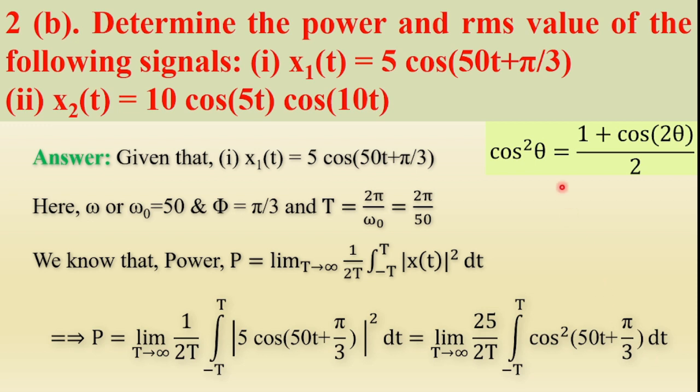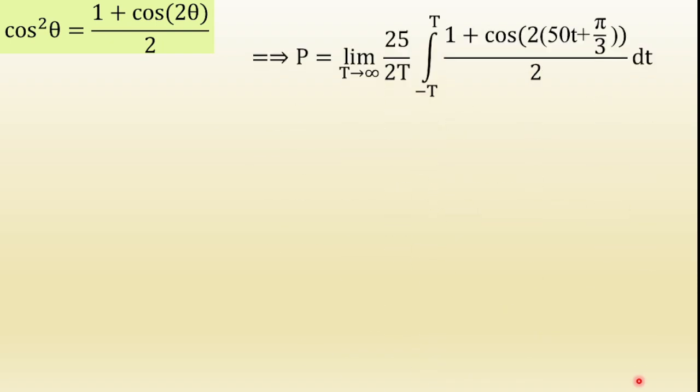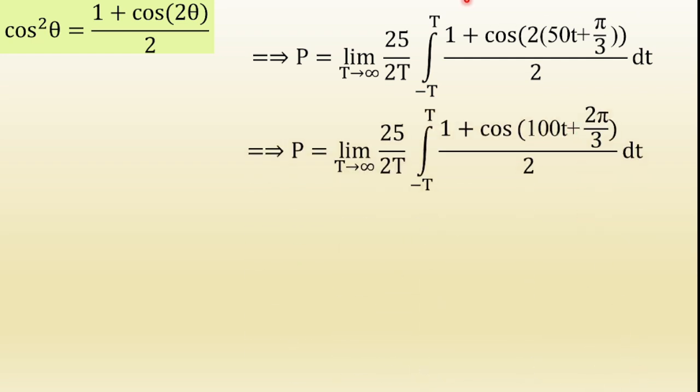Using this expression, cos square of 50t plus pi by 3 is written as 1 plus cos 2 of 50t plus pi by 3 divided by 2, that is equal to, multiplying the 2 within the bracket term, 1 plus cos of 100t plus 2 pi by 3 divided by 2.